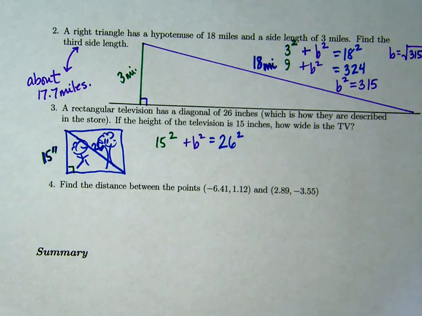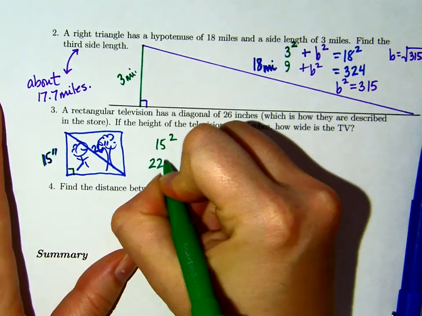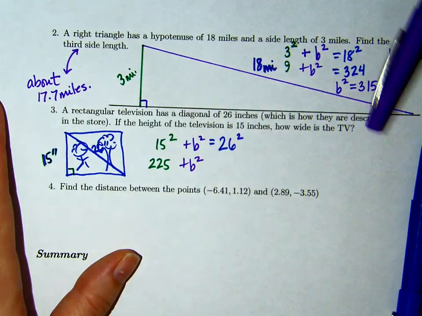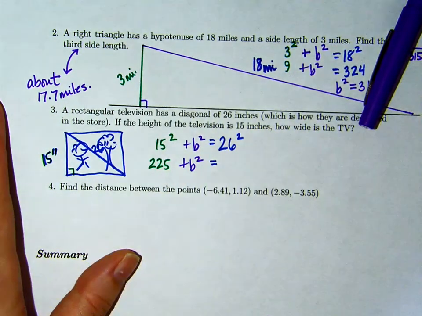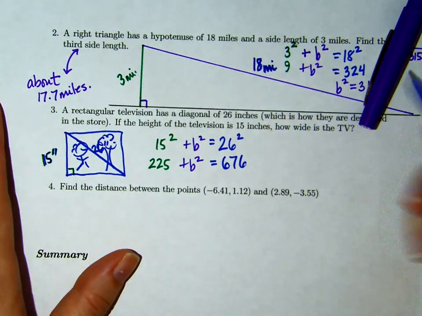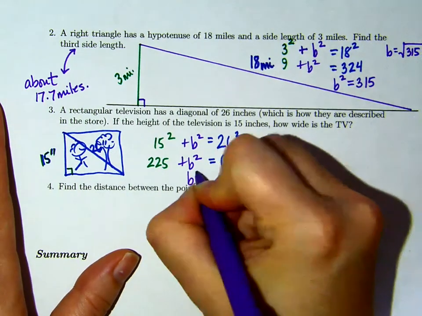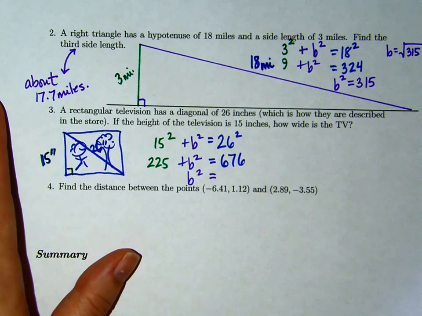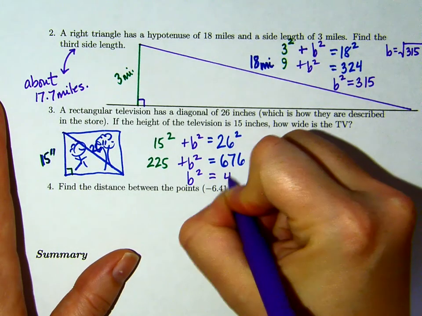Okay, 15 squared is 225. So 225 plus b squared is equal to 26 squared, which is 676. B squared is equal to the difference between those two: 451.